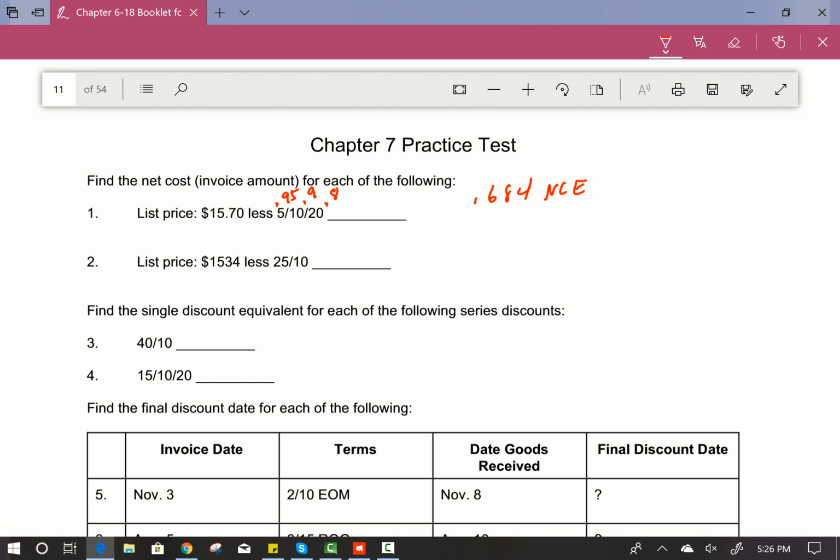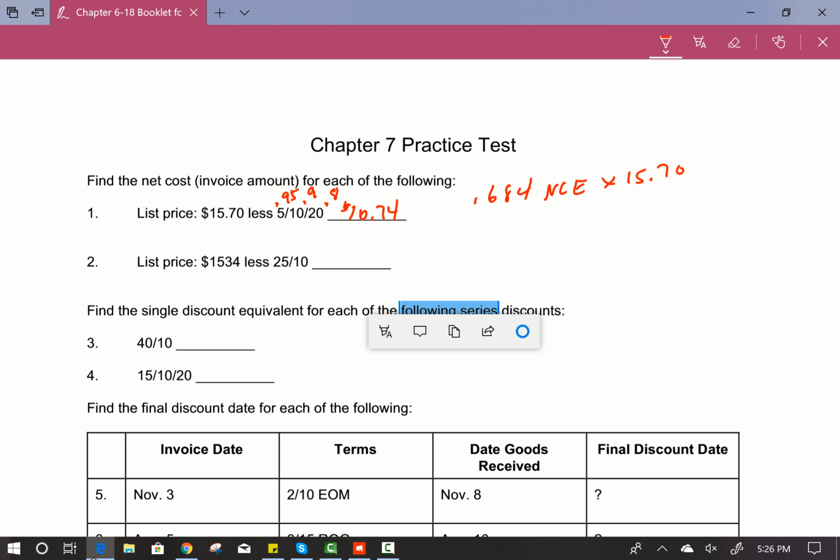So 0.684 is the net cost equivalent. We're going to take that times 15.70, and that will give us $10.74 if you round it to the nearest hundredth. $10.74.